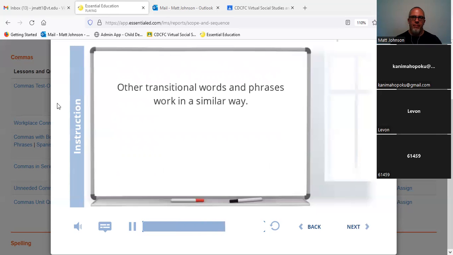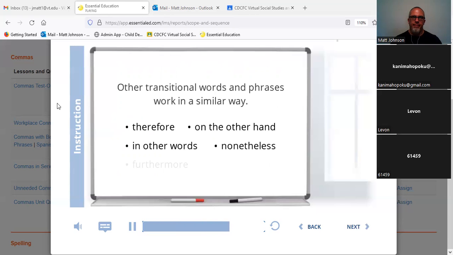Other transitional words and phrases like therefore, on the other hand, in other words, nonetheless, or furthermore, work in a similar way. So look out for transitional words in the middle or at the end of a sentence. They should be set off by commas. And just a reminder, that's if they're at the end or beginning. So therefore, comma, such and such. On the other hand, comma.